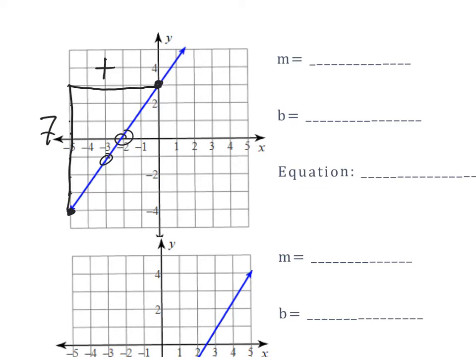So 7, and to the right 5. So my slope is rise 7, right 5. So 7 over 5. My y-intercept is that first point that I was looking at right here. So that is 3. So my equation is y equals 7/5 x plus 3.